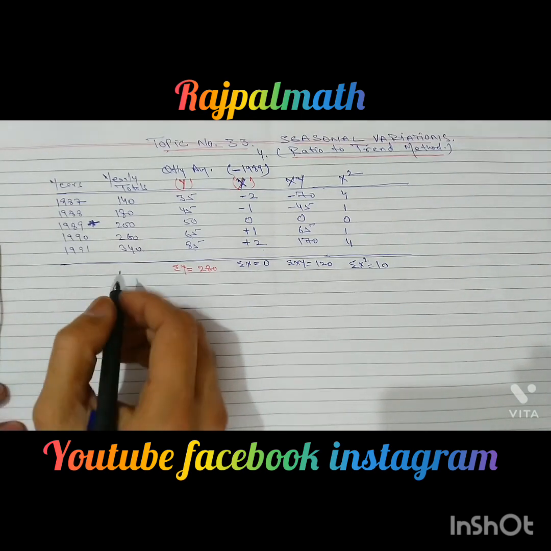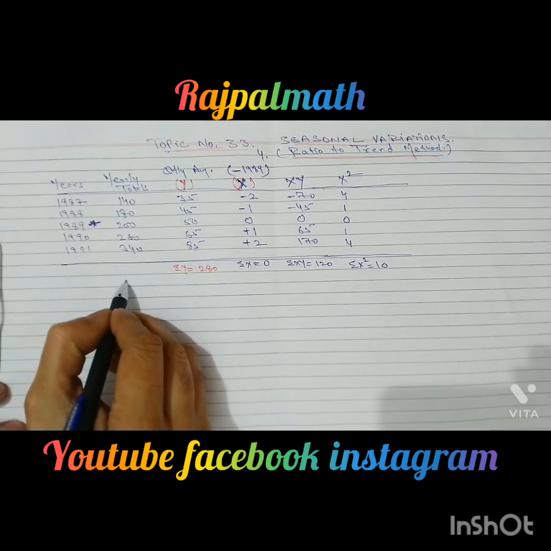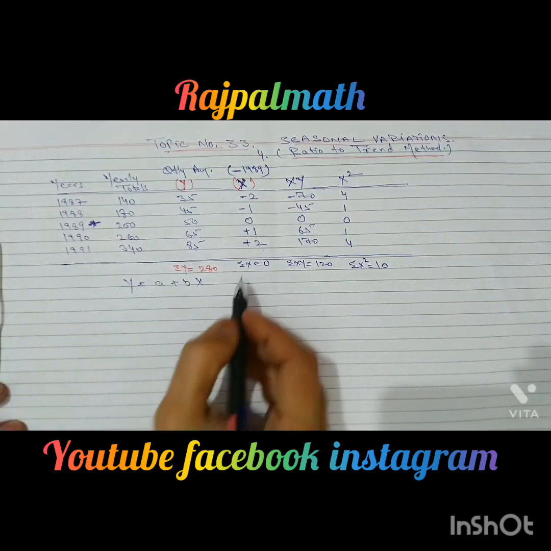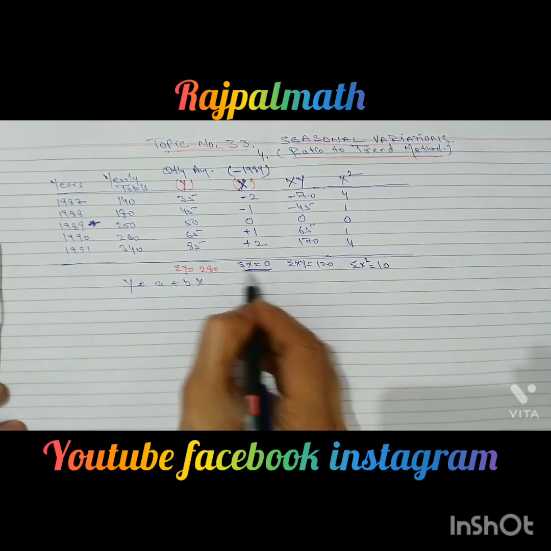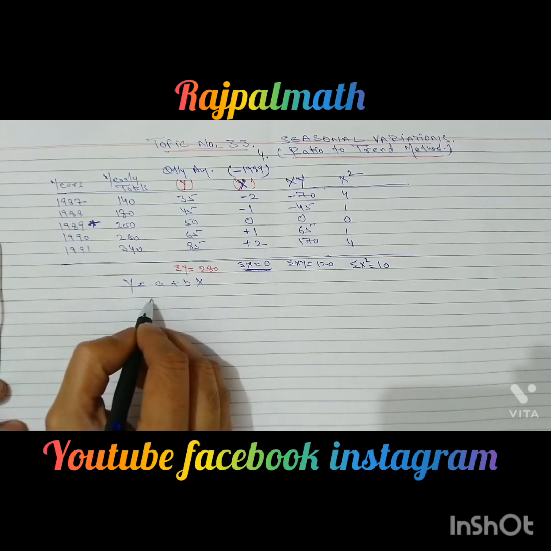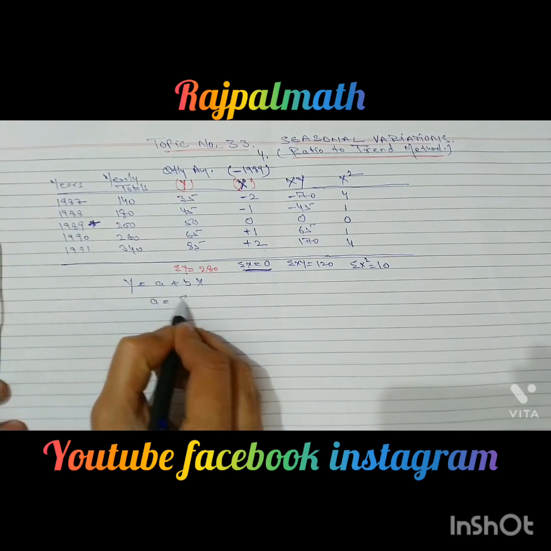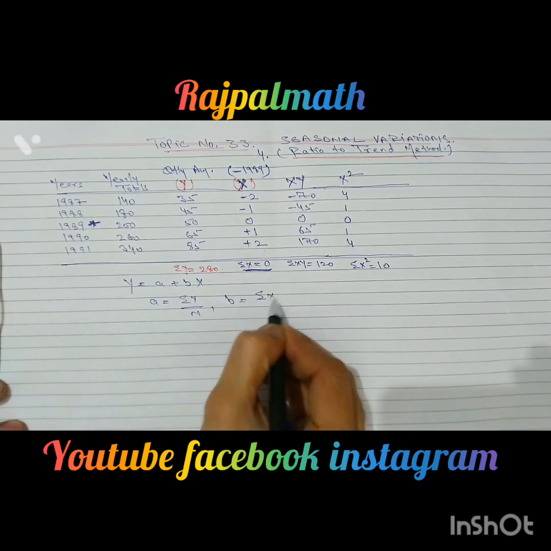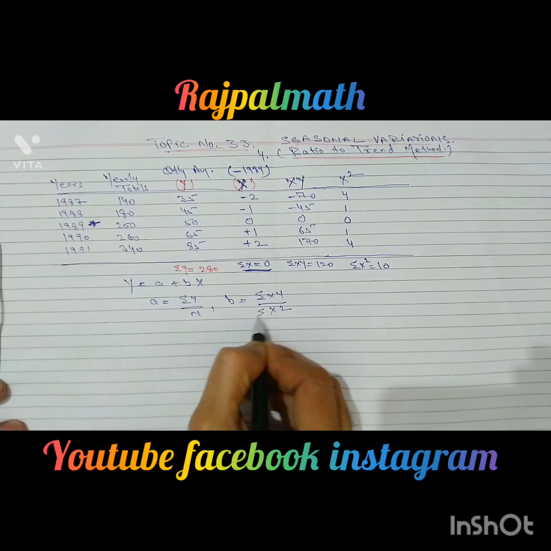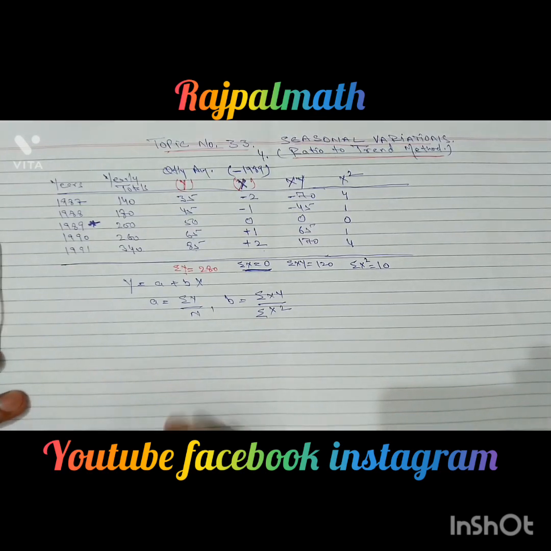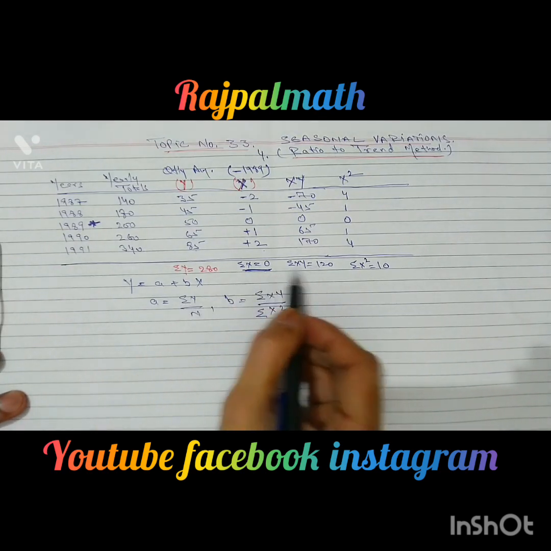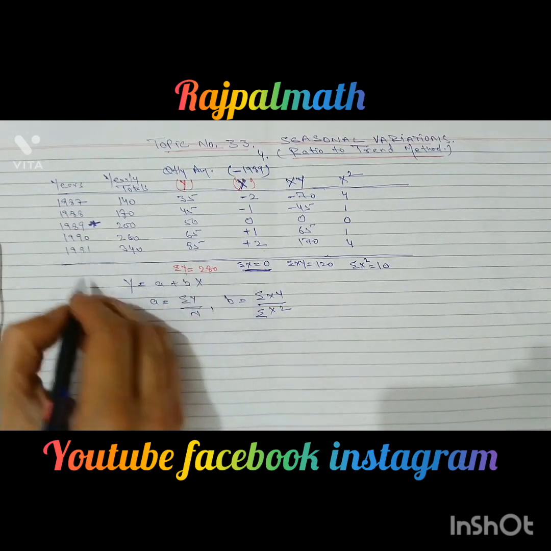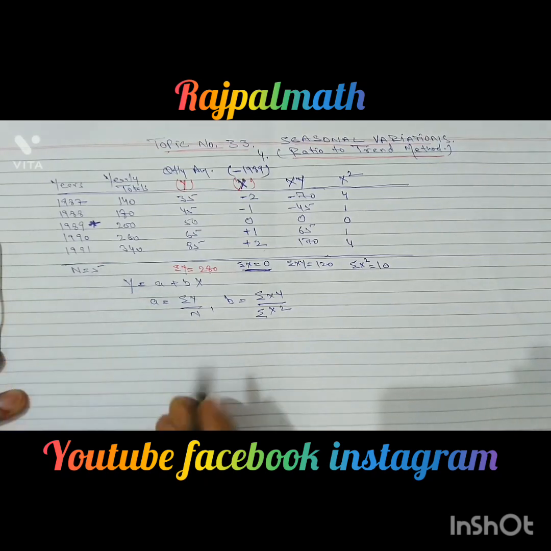Write the normal equation for the straight line trend: y equals a plus b x. As summation x equals 0, our normal equations become a equals summation y divided by n, and b equals summation xy by summation x square. Now put summation y, 280, and n is 5.